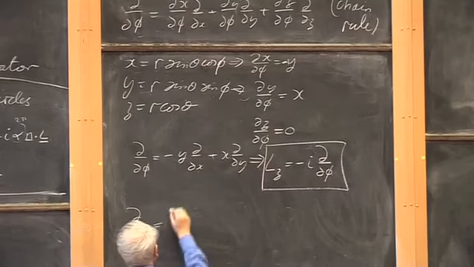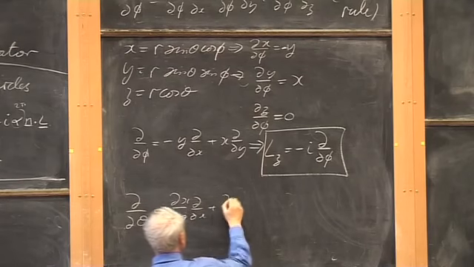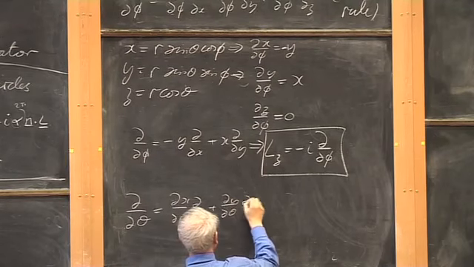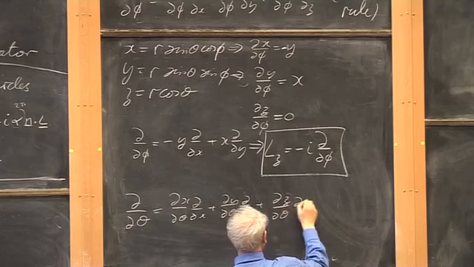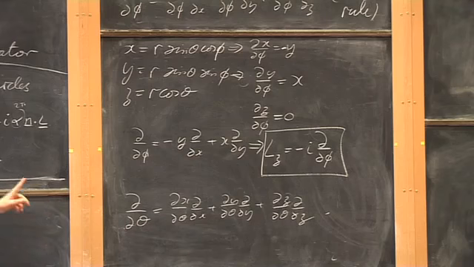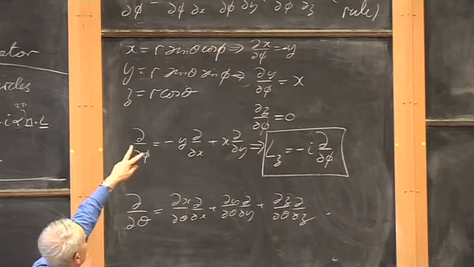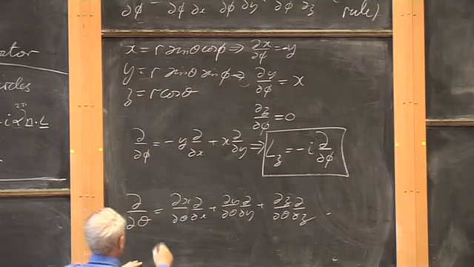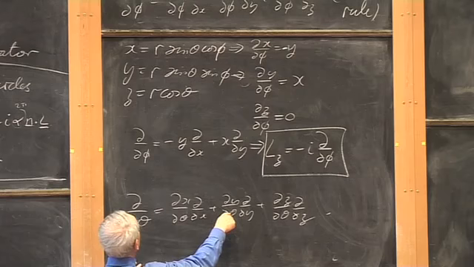It's obviously dx by d theta d by dx plus dy by d theta d by dy plus dz by d theta d by dz. Okay, we have expressions up there. So dx by d theta is going to produce us an r cos theta cos phi, and this is going to produce us an r cos theta sine phi.